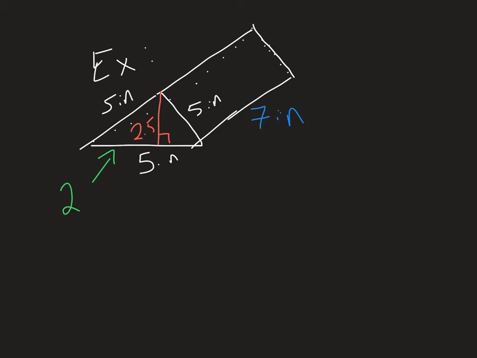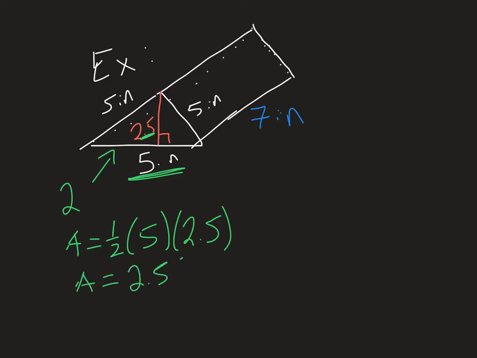I'm going to figure out the area of this triangle. The base of my triangle is 5. The area of the triangle is equal to 1/2 times the base, which is 5, times the height, which is 2.5. So the area is equal to 2.5 times 2.5, which I do believe is 6.25, in inches squared, because it is an area and we use square units.